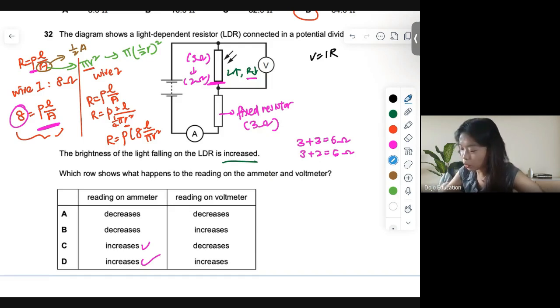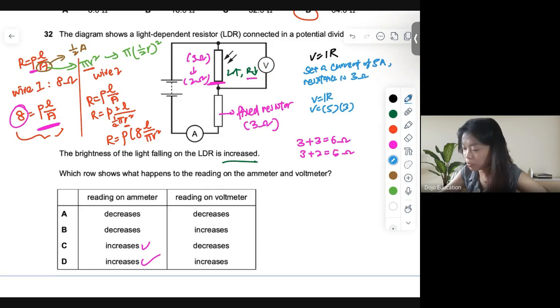In this case, I want to know whether my voltage increases or decreases when my resistance decreases. I just set a fixed current first. For example, I set a current of 5 ampere, and my resistance now is 3. Then what is my voltage? V equals IR, V equals 5 times 3, current times resistance, 15 volt. Then when my resistance decreases but my current stays the same, what will happen? My resistance is now 2.